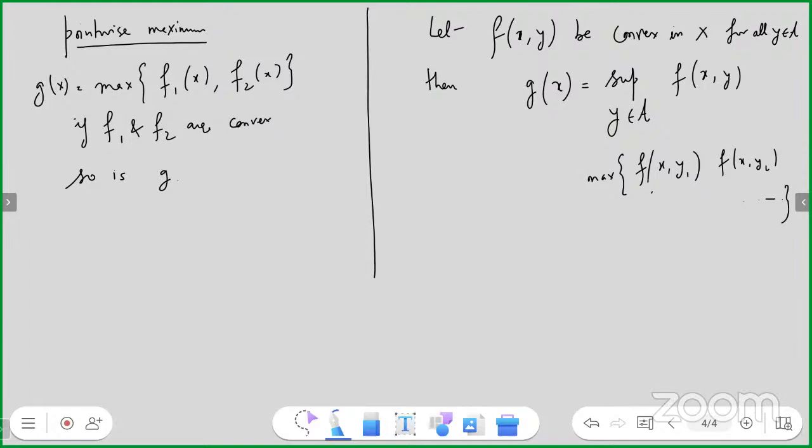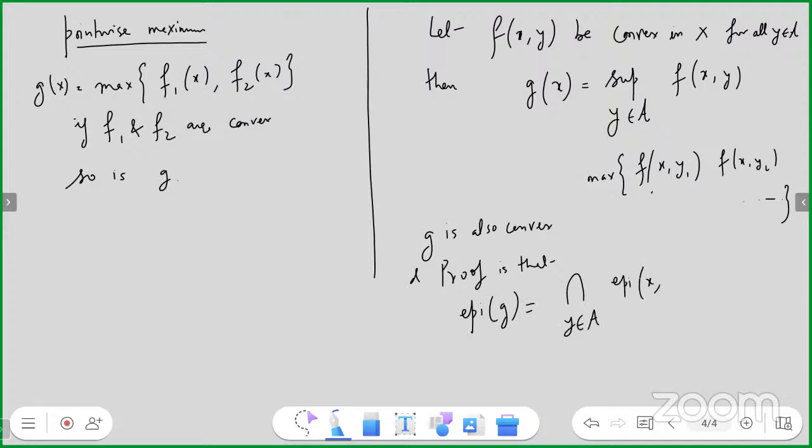So this is an important property you should take away for your life. That is generally easy to remember. This is not that easy to remember. But this is also true, just by intersection of the epigraphs. g is also convex, and the proof is: the epigraph of g is the intersection over y of the epigraph of f of x, y for a frozen y.